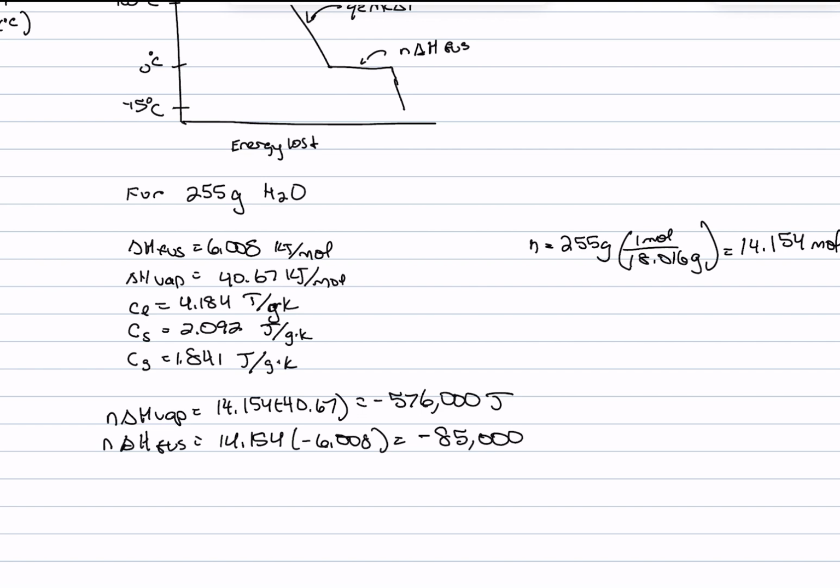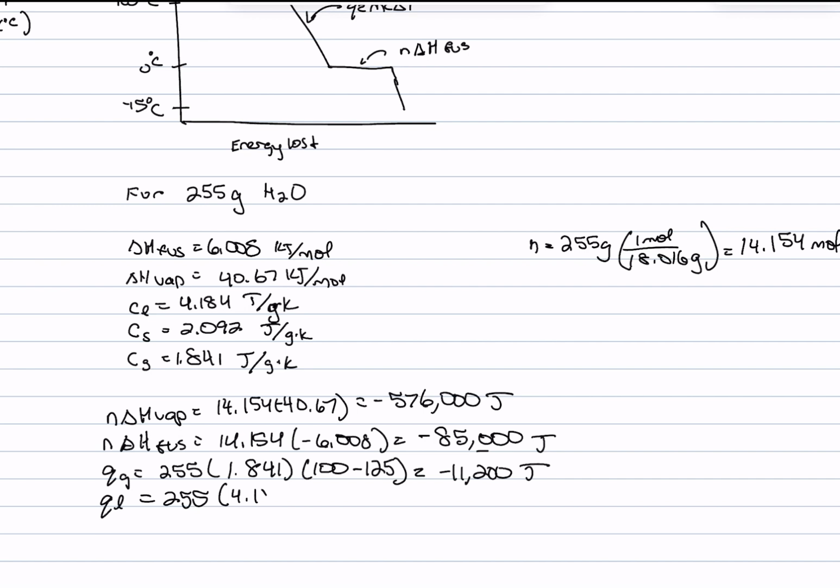So for the Q for the gaseous state, we have 255 times 1.841 times the difference between 100 minus 125. And that leaves us with negative 11,200 joules. And for the liquid state, we have 255 times 4.184 times negative 100, which equals negative 107,000 joules.